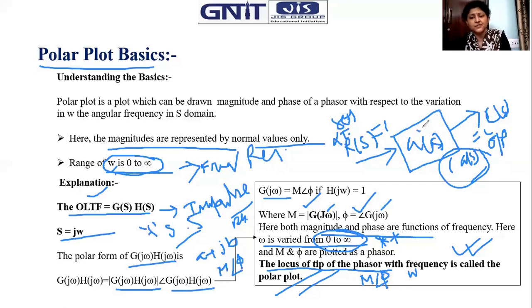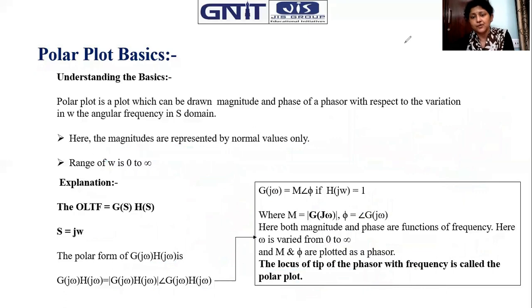So it may be represented as a system representation, characterization, or the output or response representation. Okay, so that phasor is varying with respect to frequency. In polar plot, it is the graphical approach, so we are plotting amplitude and phase with respect to the frequency in a single plot.